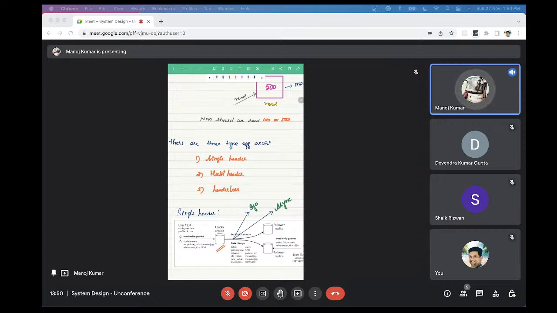Now, this sync can be performed in two ways: synchronously or asynchronously. In synchronous replication, the user performs a write on the leader and gets a response back only when all the followers have processed the write.